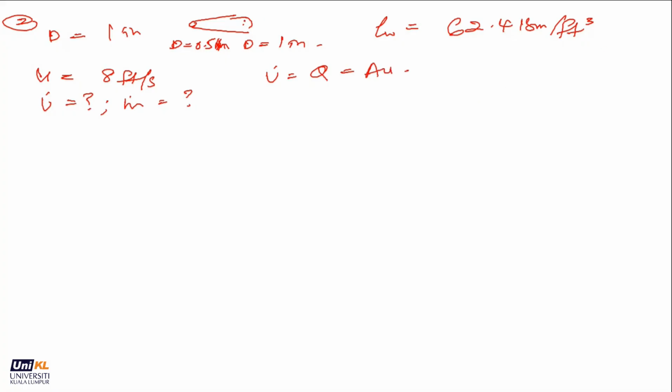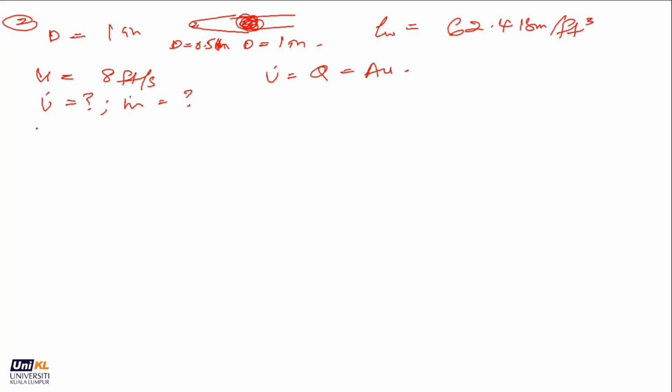So the question only asks at this point, because the hose, determine the volume and mass flow rate of water through the hose. So here, not at the nozzle. So you can use this equation Q equal to AU.